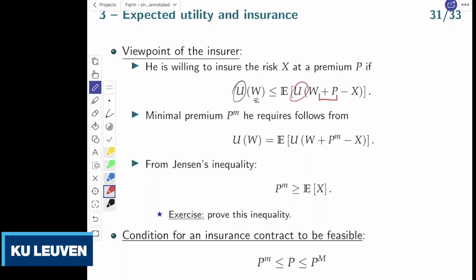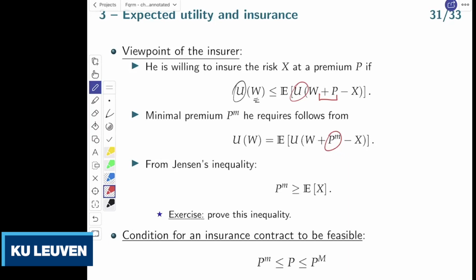So the left-hand side will remain the same. If the insurer is doing nothing, its utility will always be U of W, and the right-hand side will be an increasing function of P, so we can again look for the point, which we now call P small m, where the two are exactly equal.